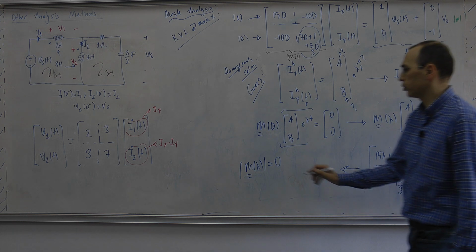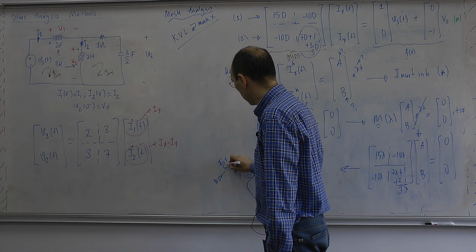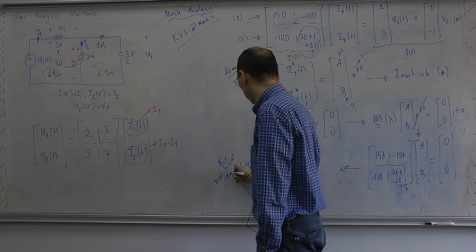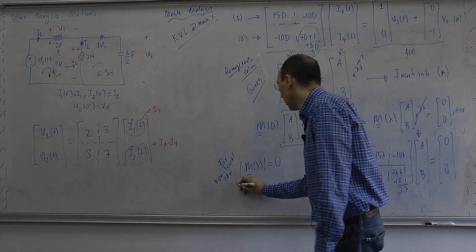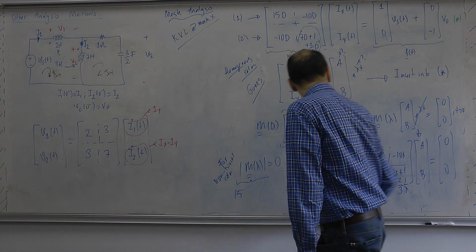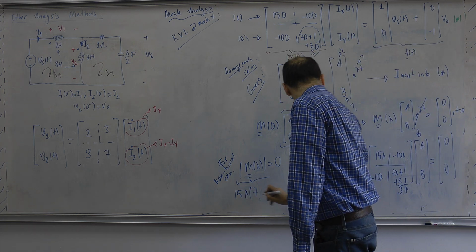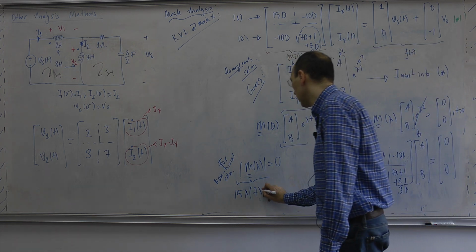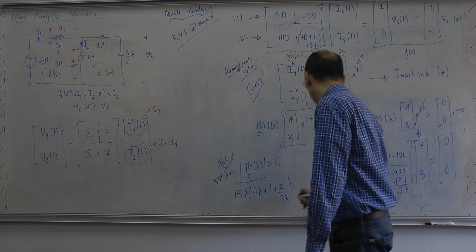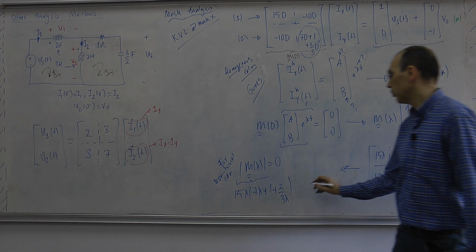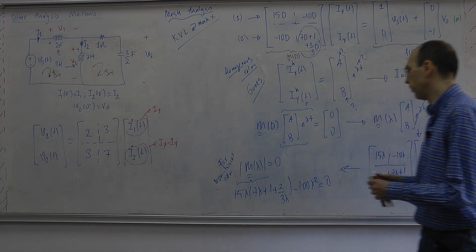For a non-trivial solution. Okay. So how can I handle this? Then I can express this derivative, 15 lambda times this. This was 7 lambda plus 1, 2 over 3 lambda, and I have minus 100 lambda square is equal to 0.